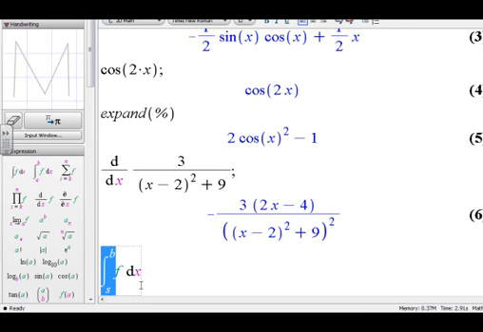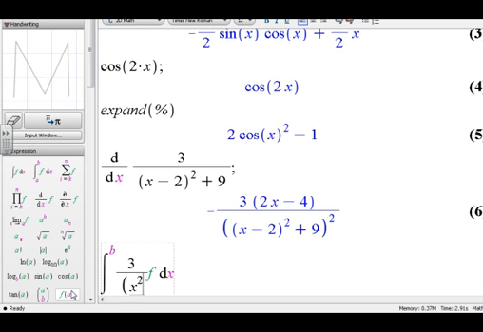We go s to b of 3 divided by parentheses x squared plus 1 raised to the cube.